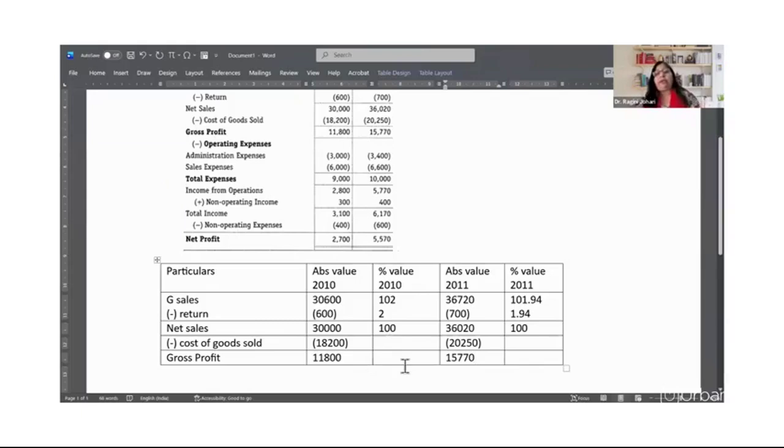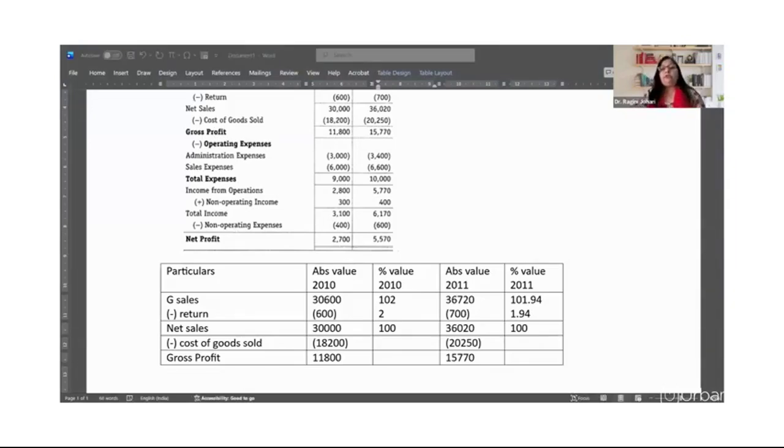Now again we have to do the same thing. We have to find the percentage of COGS with respect to net sales, and similarly the percentage of gross profit with respect to net sales. So let's do the small calculation here.